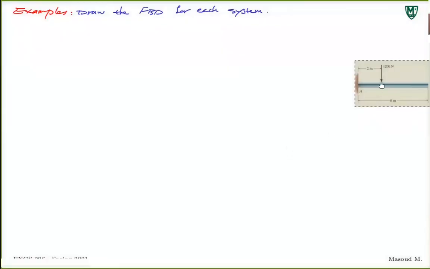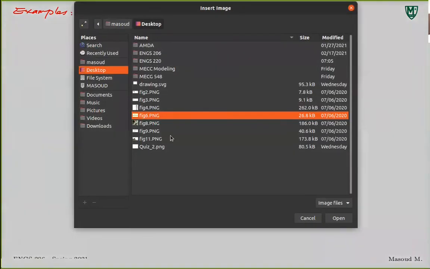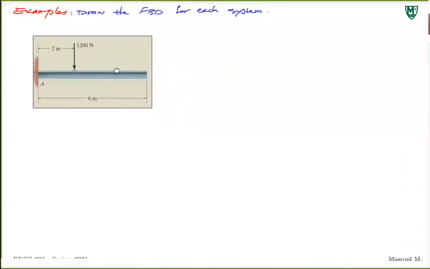Figure 6. All right, so what we want to do on this is draw the free body diagram for this beam. And this beam has a mass of, let's say, 9 kilograms.